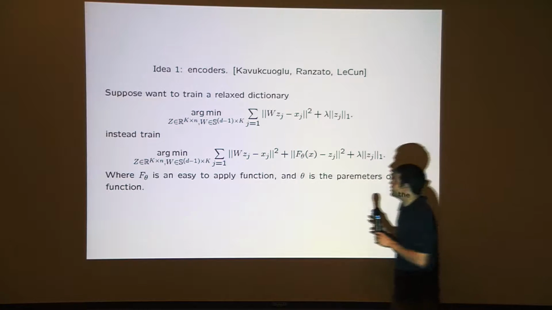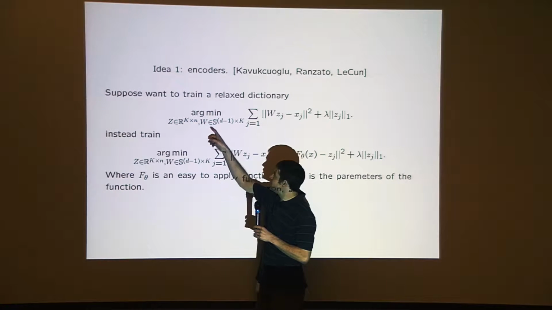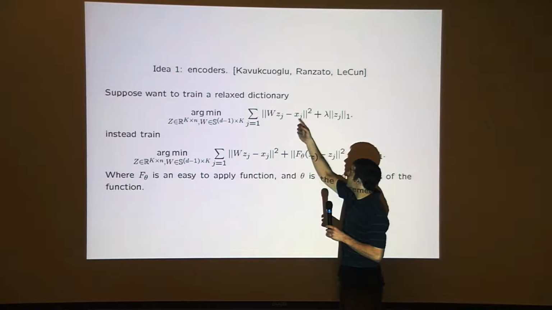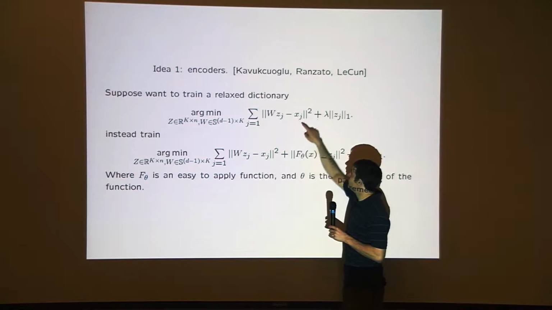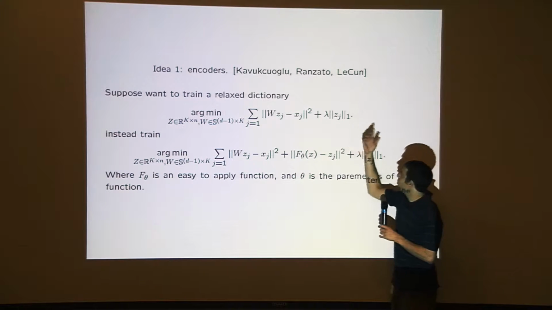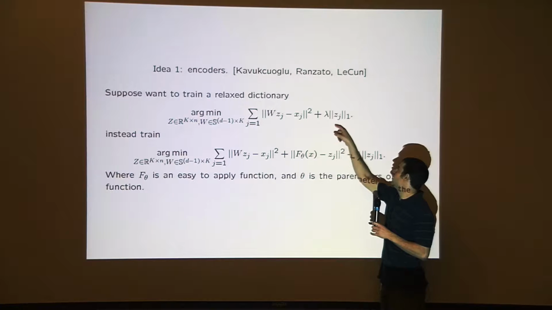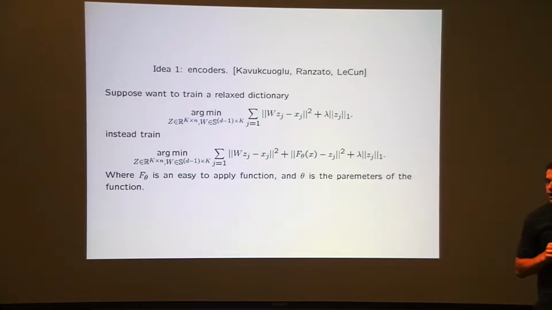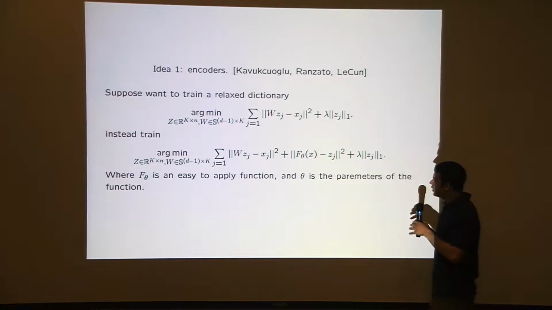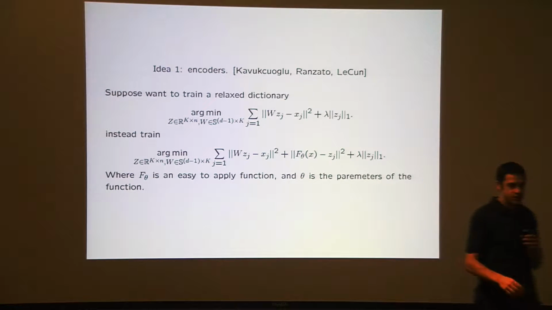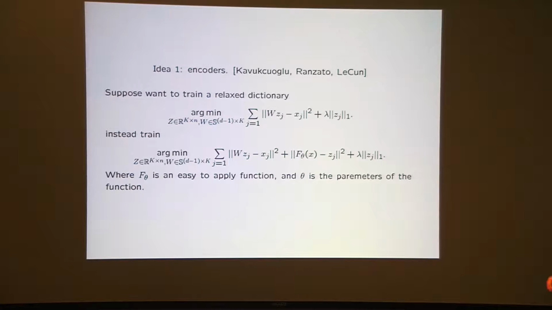We wanted to train a dictionary and some coefficients so that together, the product of the dictionary and the coefficients matches the data that we have as well as possible, with a penalty on the sparsity of the coefficients. The problem is when you go at test time to compute new coefficients, you have to run an optimization for every data point, which can be annoying and slow.